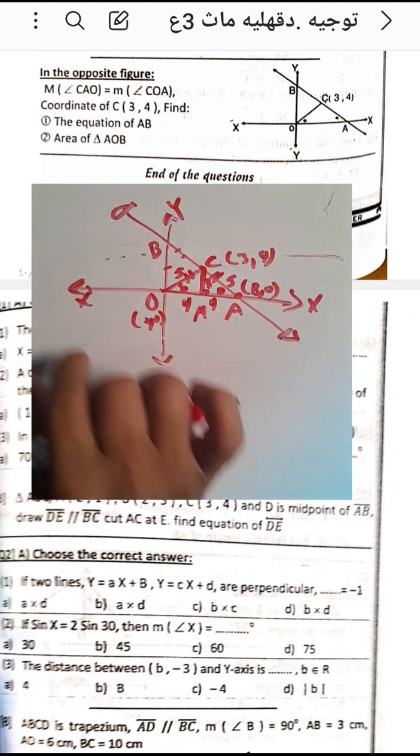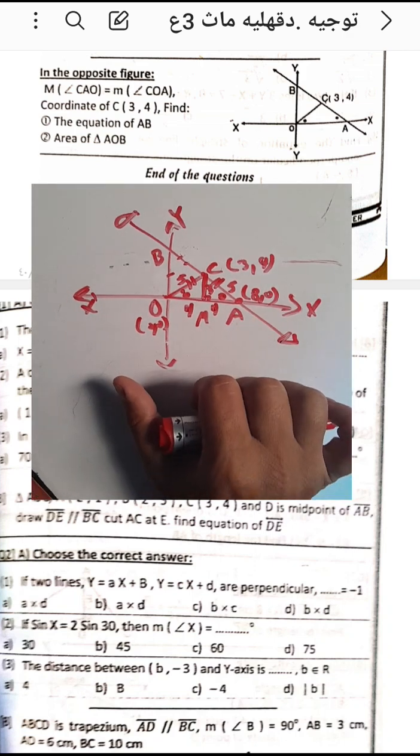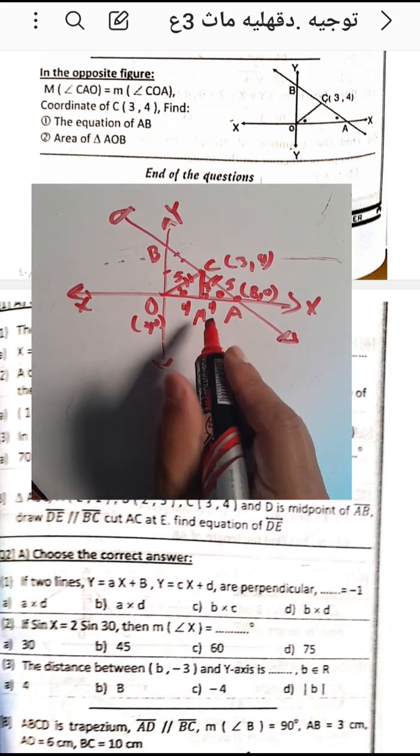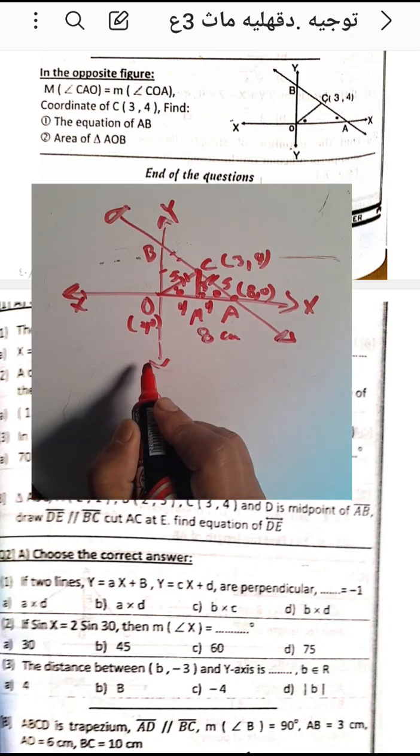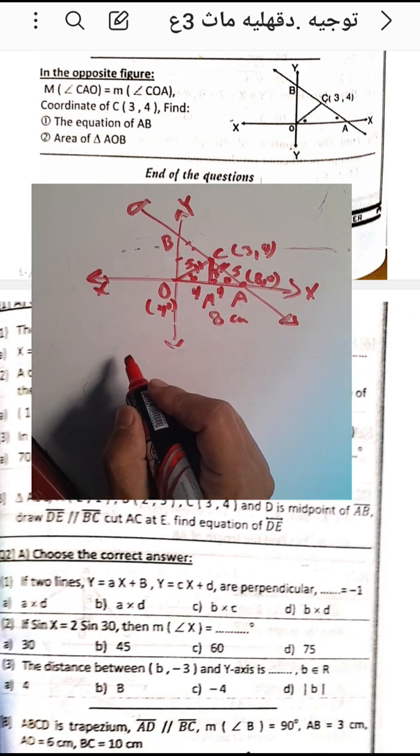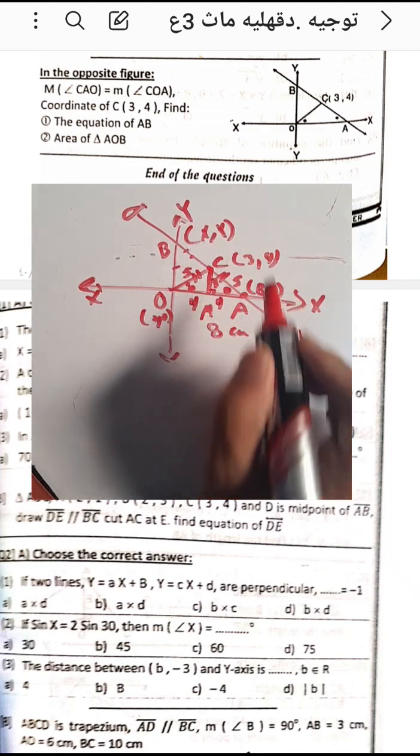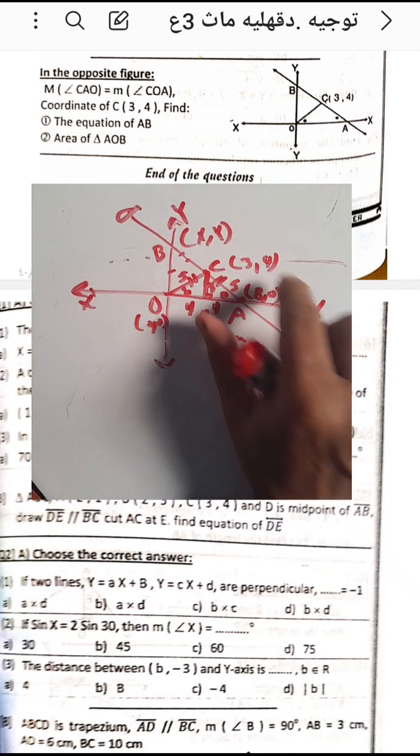We have the point here 8 and 0, and this side was 8 centimeters, and it was 3 and 4. We can find the order of P, X and Y. We have 3 and 4 and 8 and 0. We can find X and Y about this point.